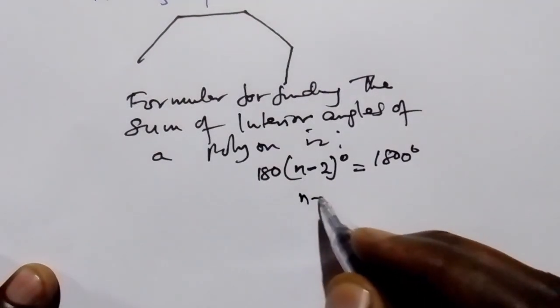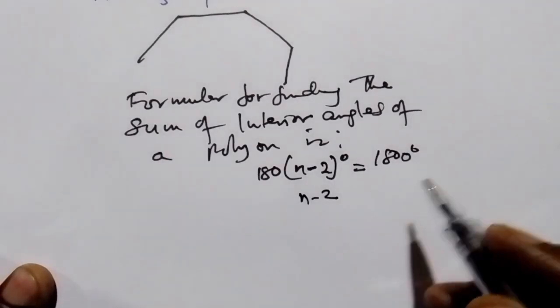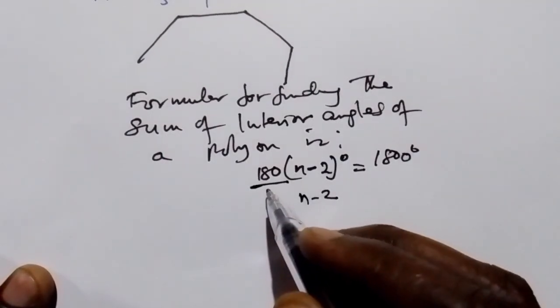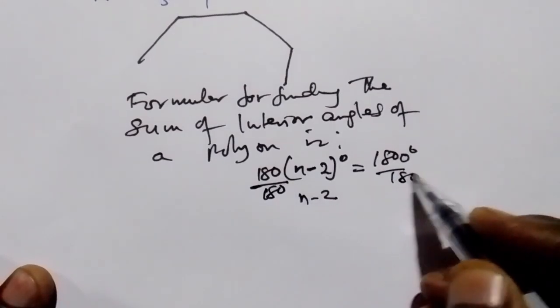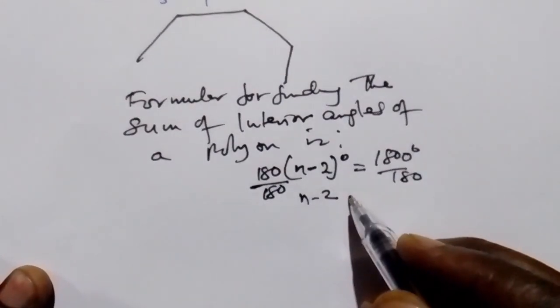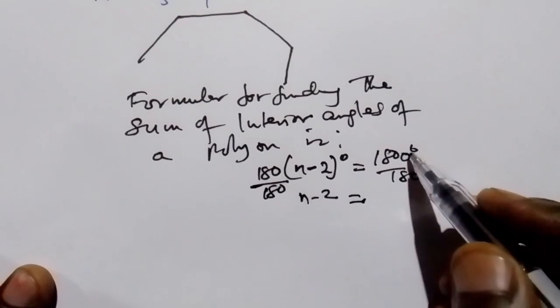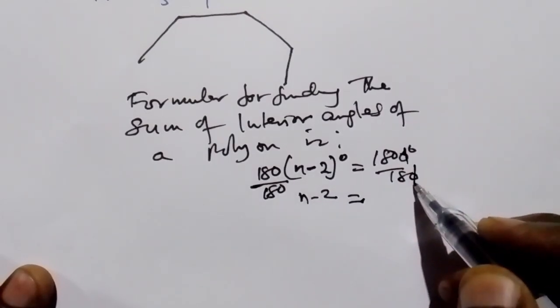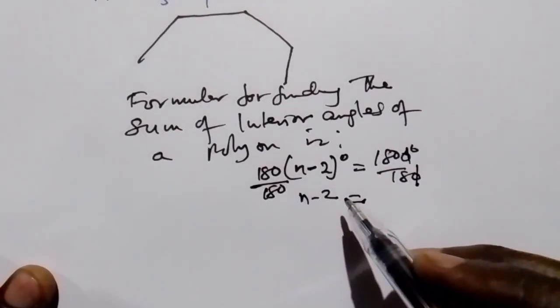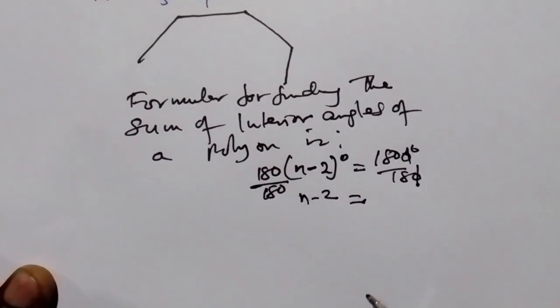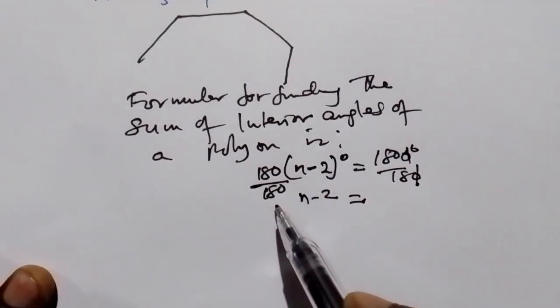So this is n minus 2. We divide here by 180. So n minus 2 is equal to, when we divide by 180, what are we going to get from here? 1800 divided by 180.